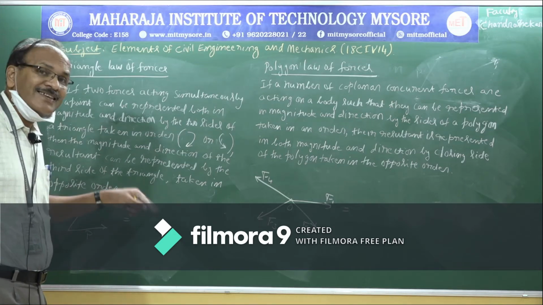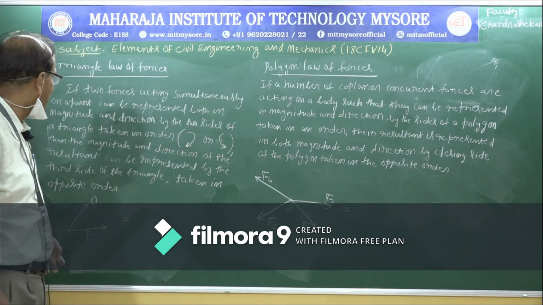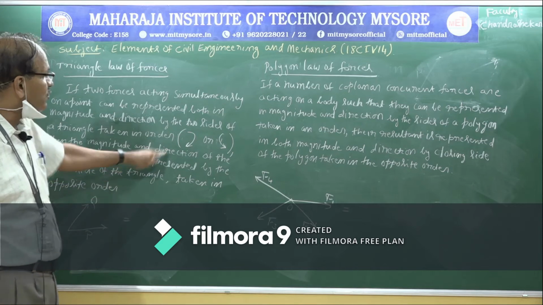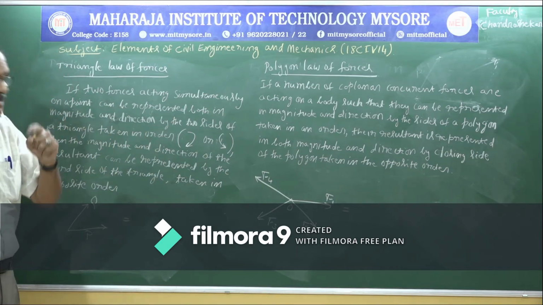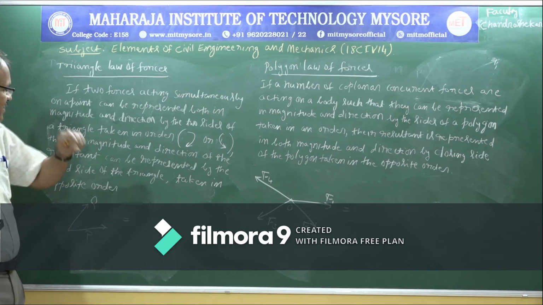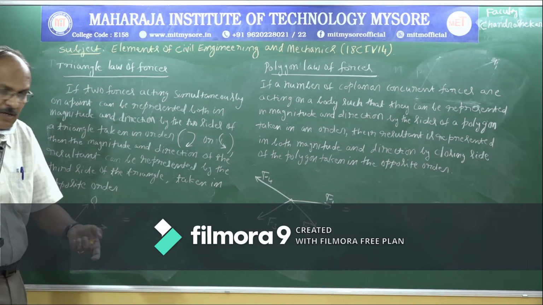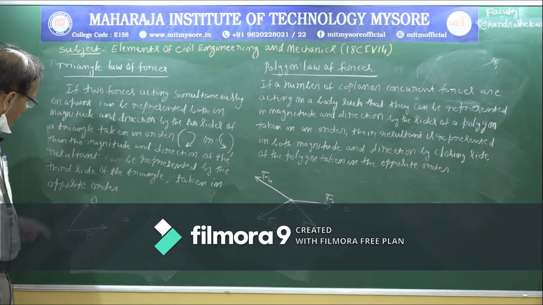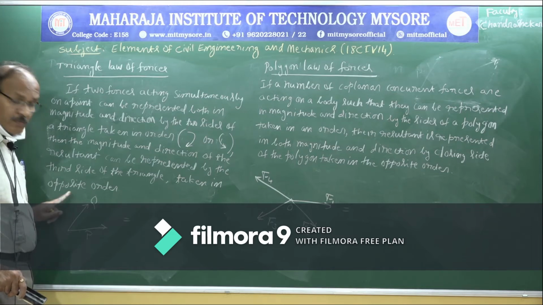Taken in order in the sense it may be taken in the clockwise direction or anti-clockwise direction. Then the magnitude and direction of the resultant can be represented by the third side of the triangle taken in the opposite direction. So what it means is, see, we have two forces, P and Q.